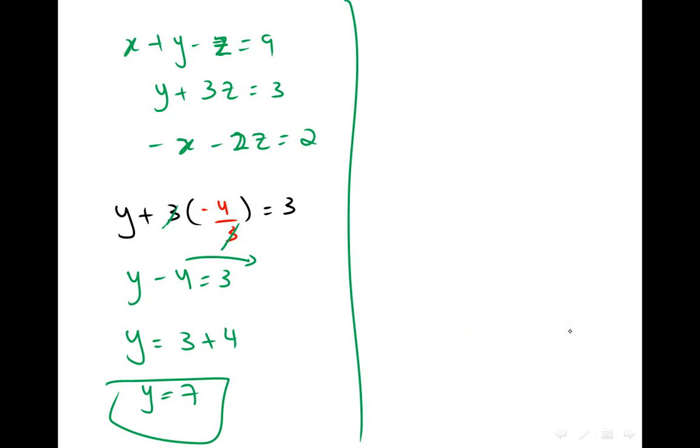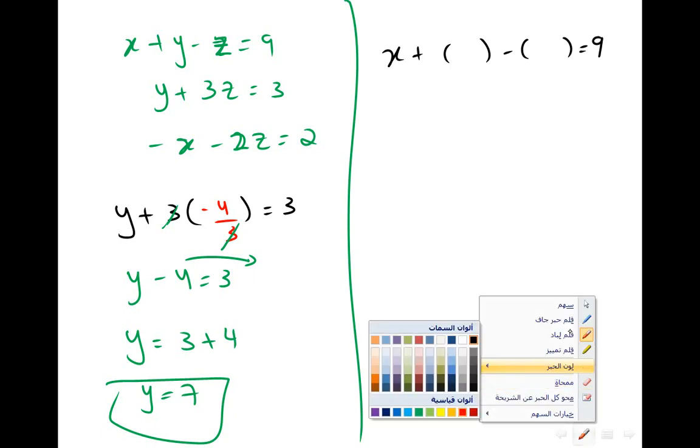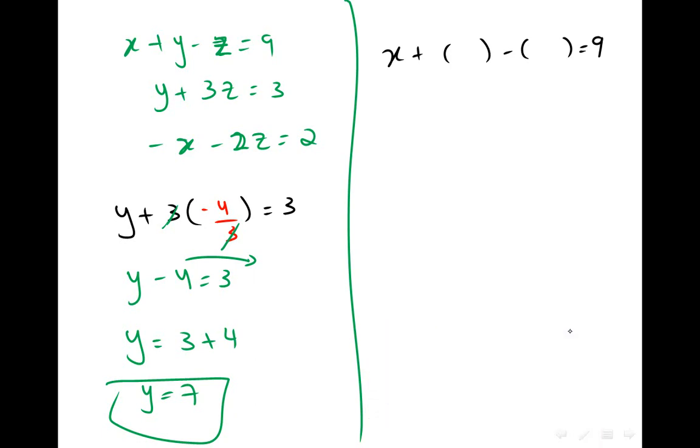Now you can go back to the first equation, which is x plus y minus z equal to 9. Let me plug in the values of those variables. The y is 7 and z is negative 4 over 3.